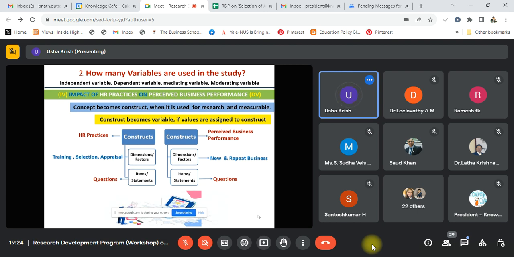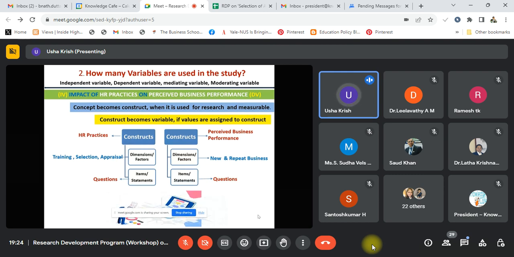Now, to measure HRP, I should identify factors. The other name for factors is dimensions. For instance, to measure HRP, I may identify factors like training and development, performance appraisal, recruitment selection, and so on. For each dimension, I may include 4 to 5 questions.